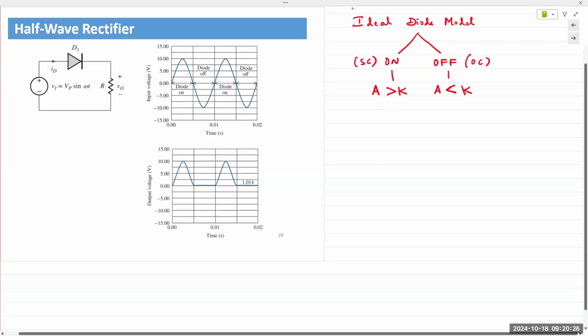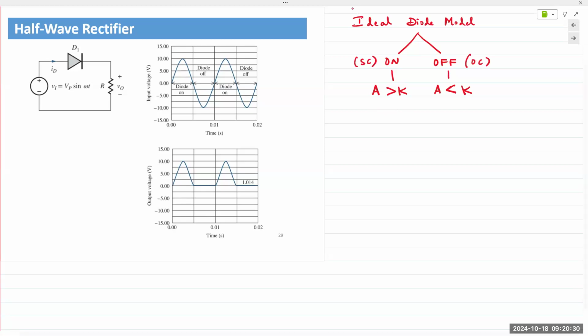This is the technique we will use to analyze these circuits. We are not worried about the voltage required to turn the diode on, meaning we are not using the constant voltage drop model, no 0.6 volts or 0.7 volts. It's either a short circuit or an open circuit. That's what we are doing.